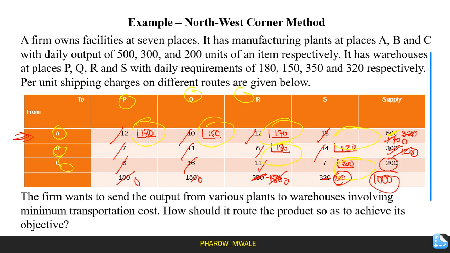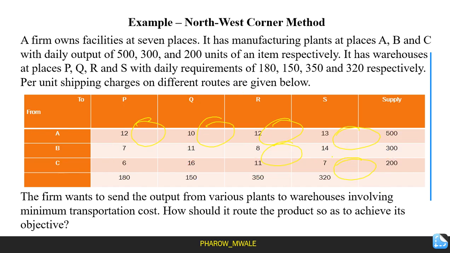So it ignores the very factor that it must minimize, which is the cost. This is the easiest, but one of the most inefficient ways of finding an initial feasible solution. So this was it about the northwest corner rule.